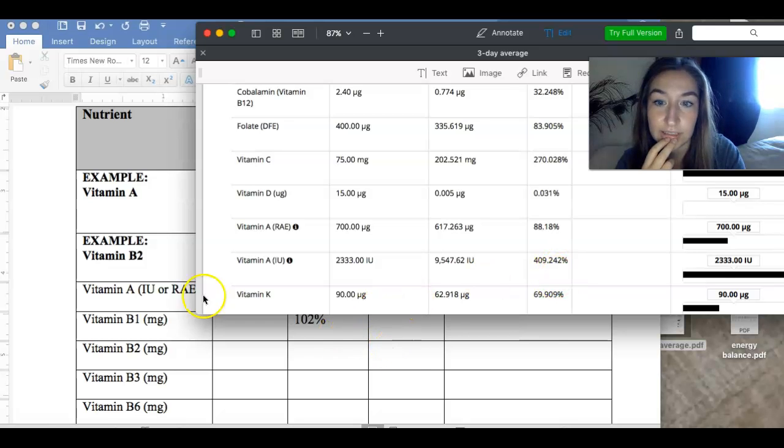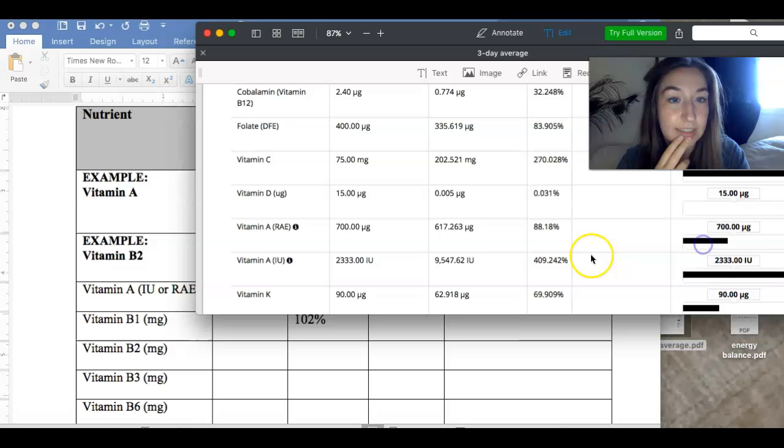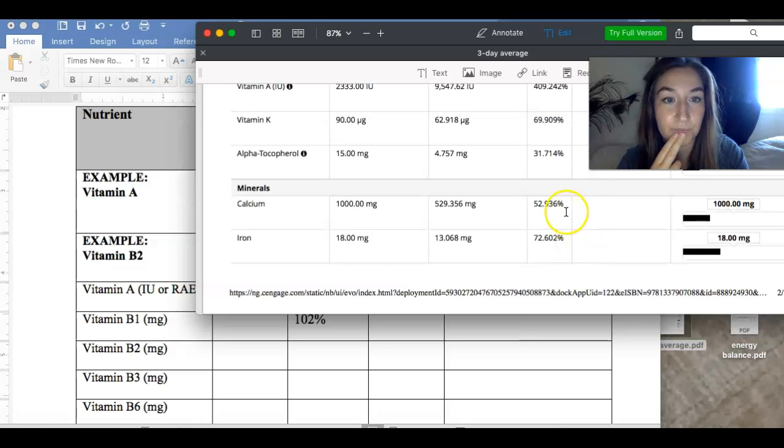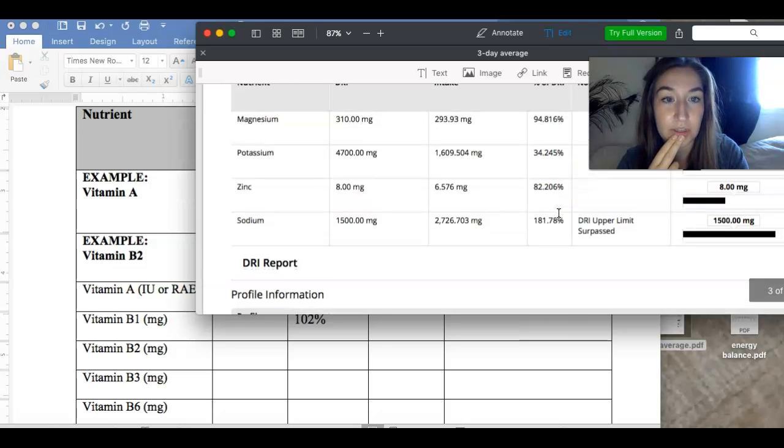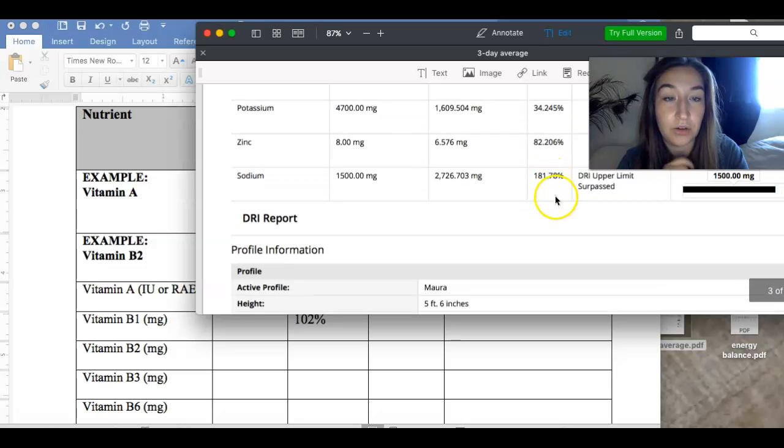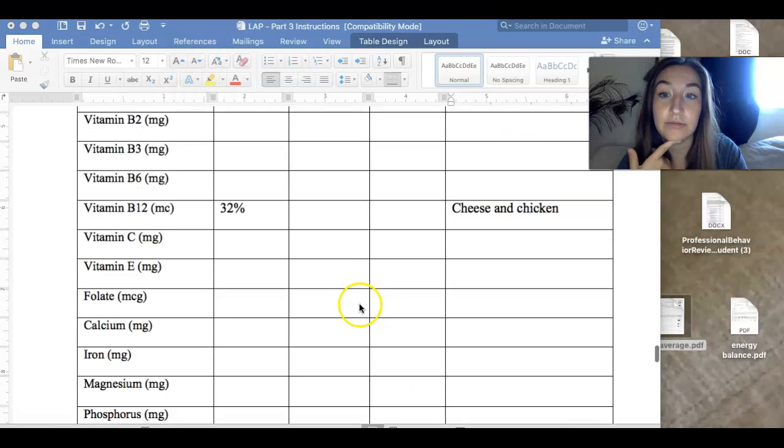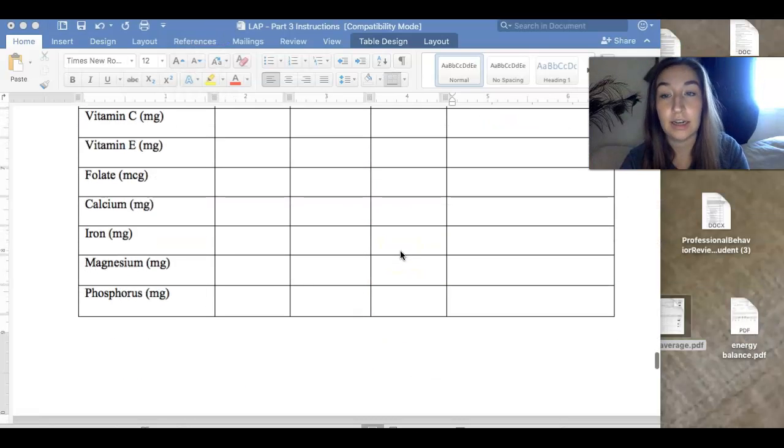Okay, well, it's either or. Whatever, let's see if there are any other ones. Calcium is below, potassium's below. So I can just go ahead and look at those, enter those in.